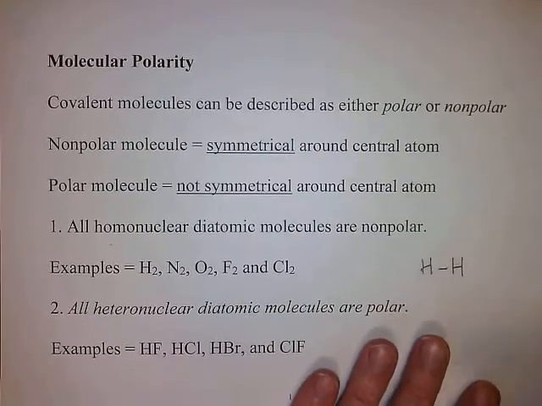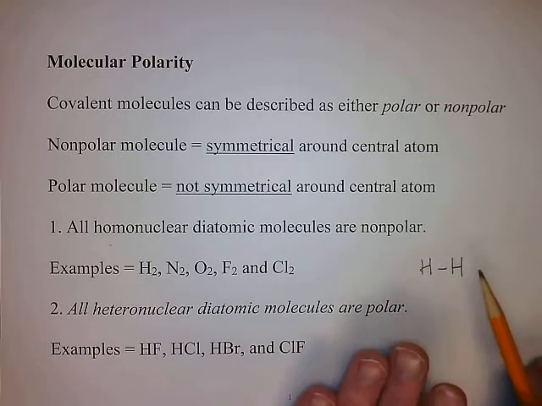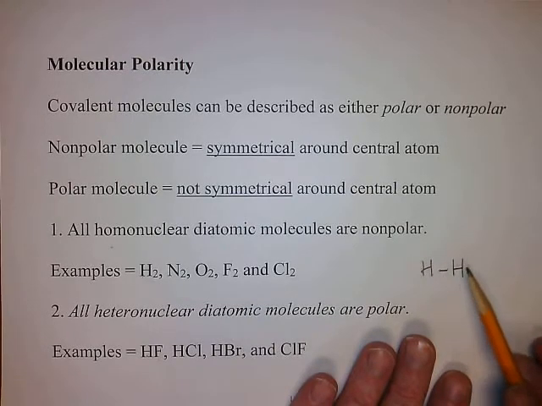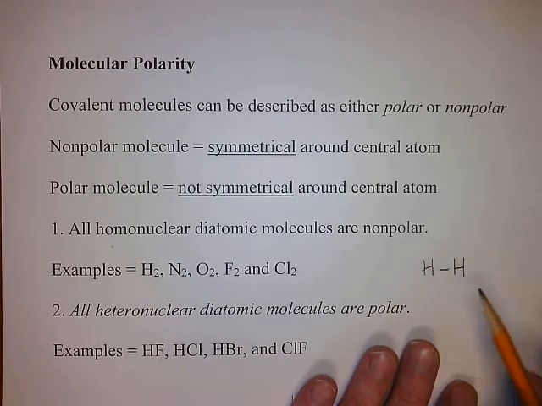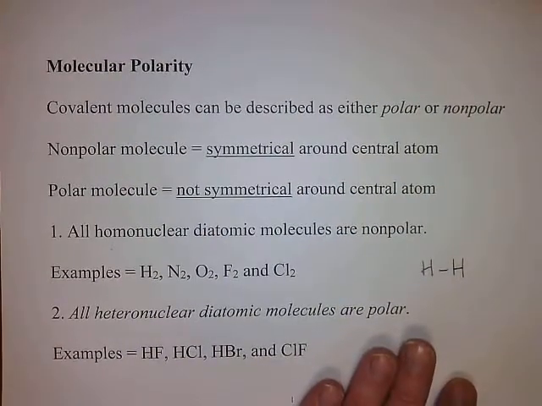Well, we can't say that this hydrogen atom is different than this one. One hydrogen atom is the same as the other. So that bonding electron pair is going to get shared evenly. As a result, the electron distribution is symmetrical, and the molecule is going to be nonpolar.